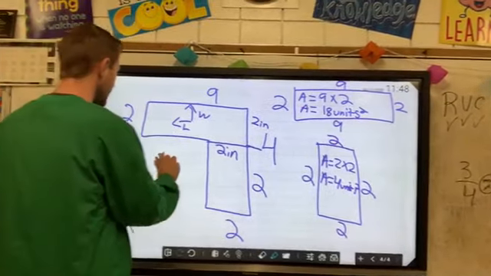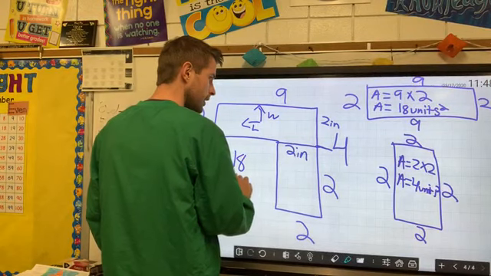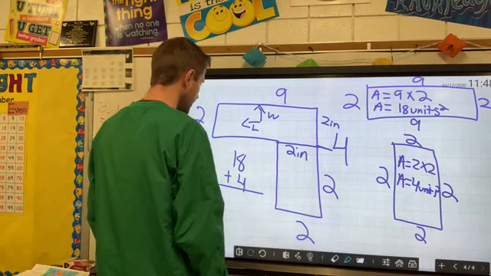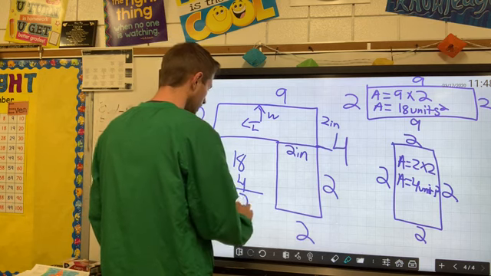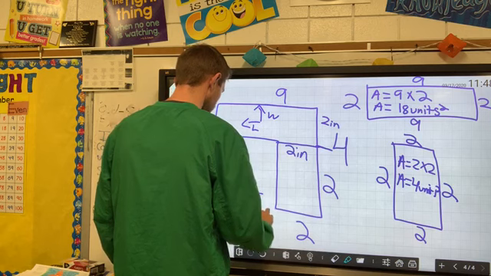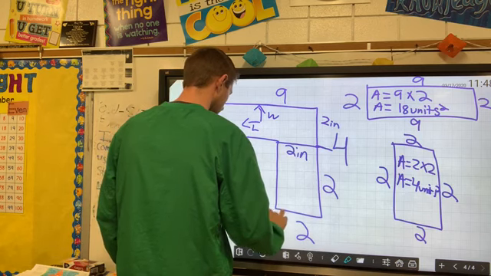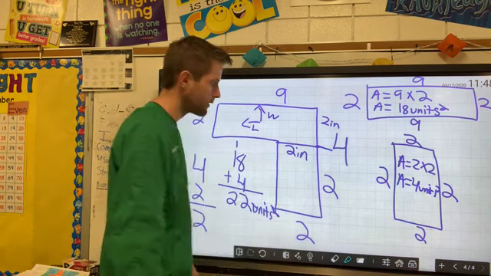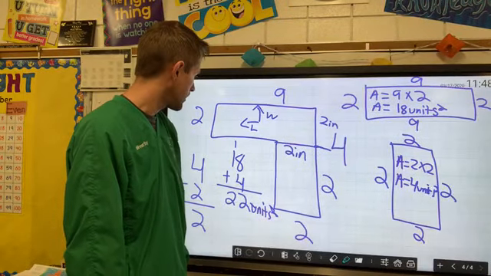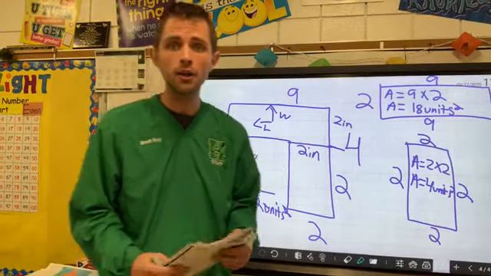So we're going to take those areas, 18 and 4, and we're going to add them together. 8 plus 4, 12, carry my 1, 22 units squared is your area for that first one. Okay. All right, so that is how you do it.